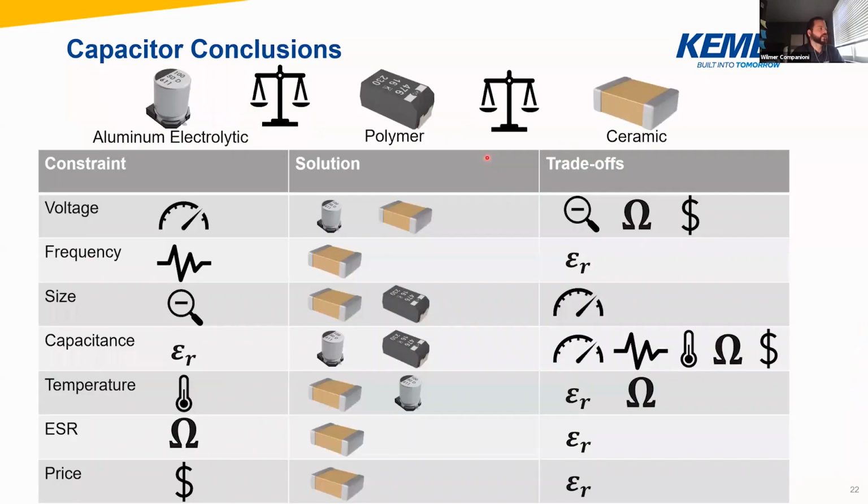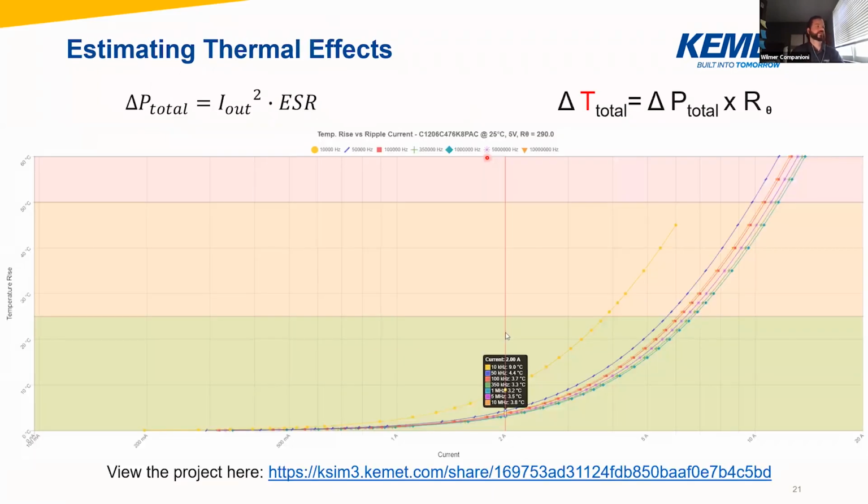As I said earlier, we have our tool KSIM that you can find on ksim3.kemet.com. If you select your capacitor and apply those specific conditions to it, you can change to this chart here that will tell you the temperature rise with the amount of current.